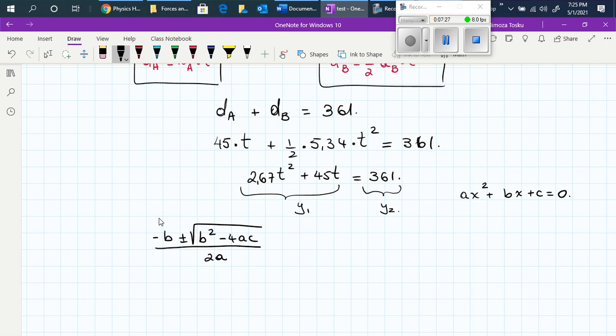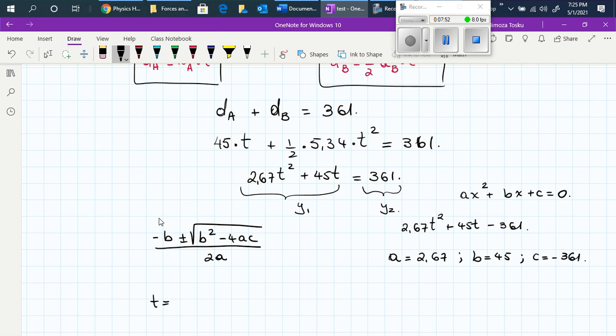We have to rearrange this equation a bit: 2.67 t squared plus 45t minus 361. So a is 2.67, b is 45, and c is negative 361.